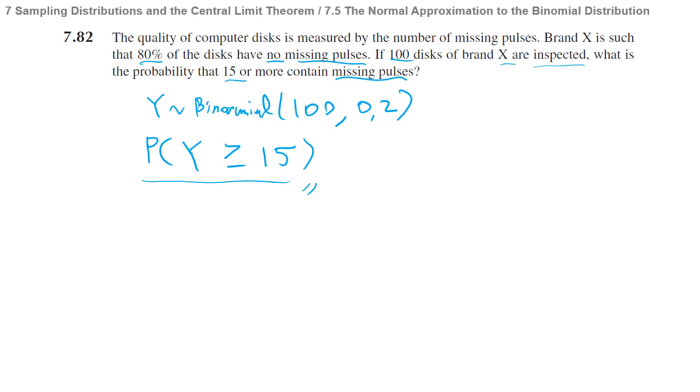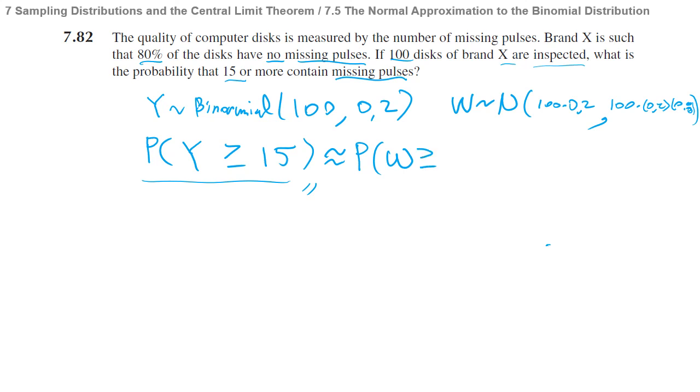Y follows a binomial distribution, and the corresponding normal W would follow a normal distribution with mean np, which is 100 times 0.2, and the variance is npq, 100 times 0.2 times 0.8. We can approximate this probability with W greater than or equal to 15.5.